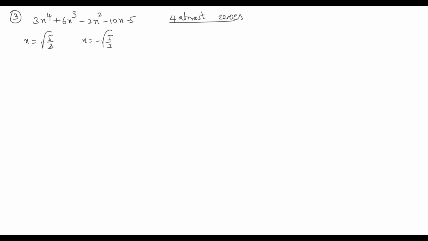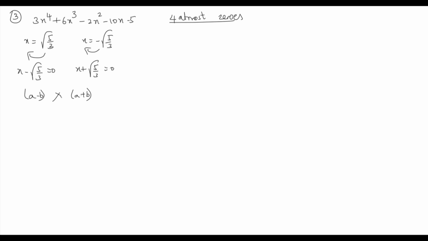Using these 2 zeros, I will find the factors. The factors will be, taking root 5 by 3 here, x minus root 5 by 3 equal to 0, and taking minus root 5 by 3 here, x plus root 5 by 3 equal to 0. A minus b, a plus b, isn't it? Using these two factors, I will find a polynomial.